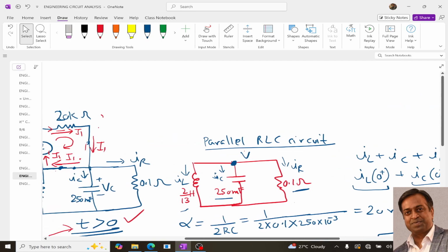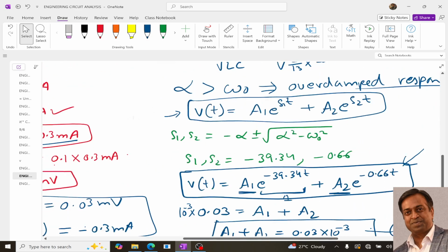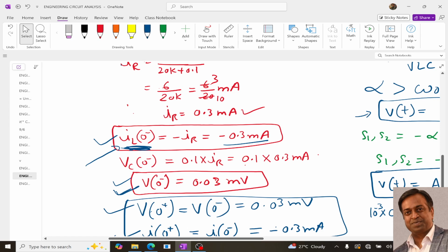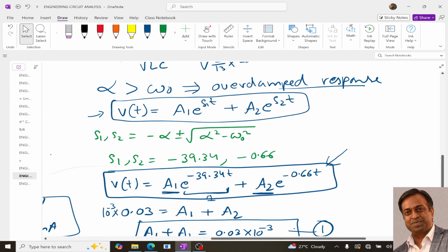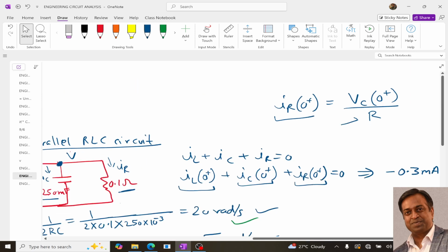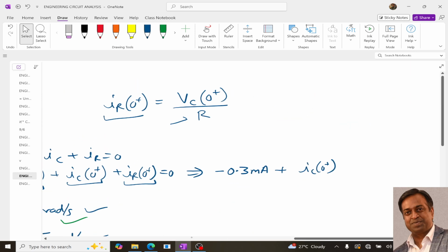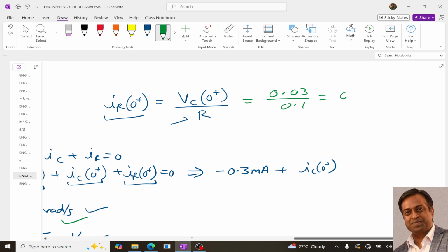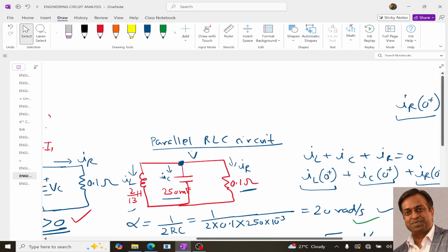And we know from the initial condition what this V0 plus is, it is 0.03 millivolt. So substituting this value, we get 0.03 upon R is 0.1, so it is 0.3 milliampere, because it is millivolt, right?